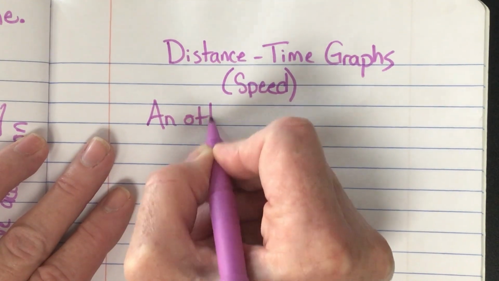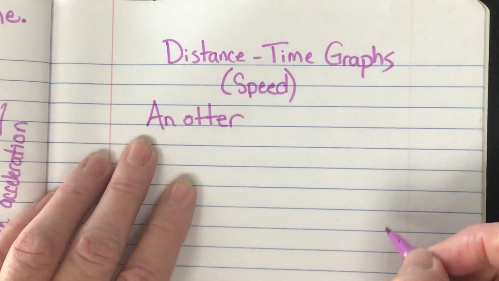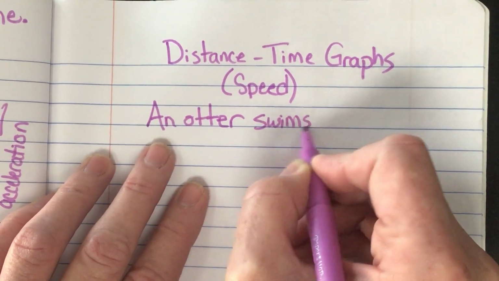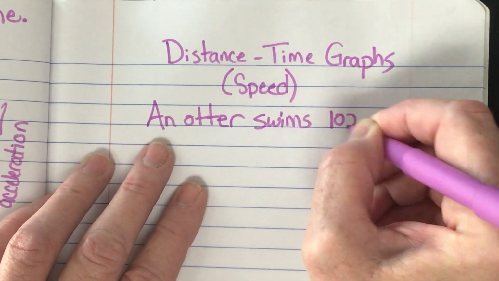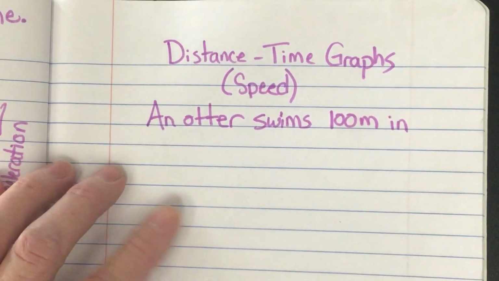That sounded like a lot, but okay, so we're going to write an otter swims 100 meters in 20 seconds.